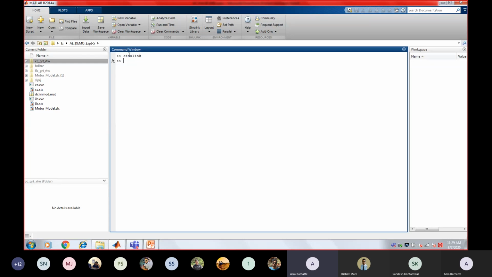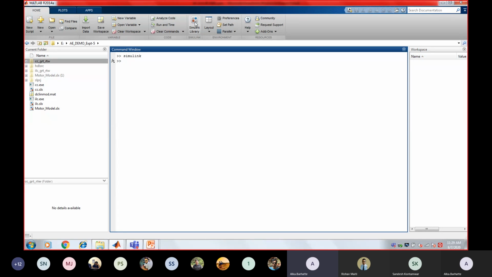That can be opened by simply typing simulink, or you can use this icon, though in your MATLAB version the location might be somewhere else.